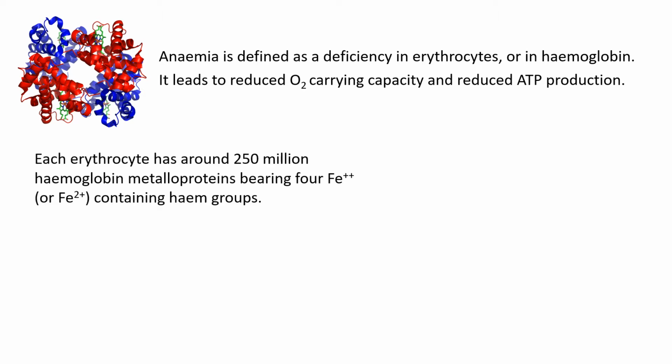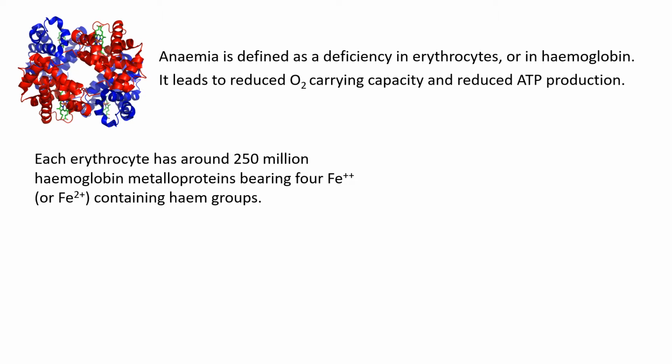Just to remind you, each erythrocyte has around 250 million hemoglobin metalloproteins. Each of those hemoglobin metalloproteins has 4 heme groups. Each heme group bears one Fe2+, one ion of iron, if you like.